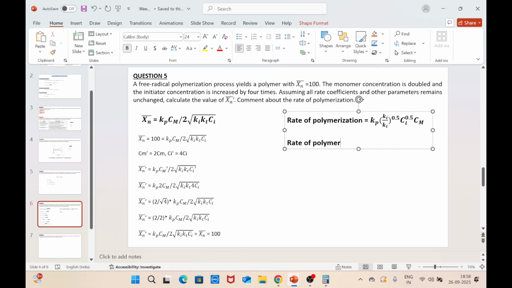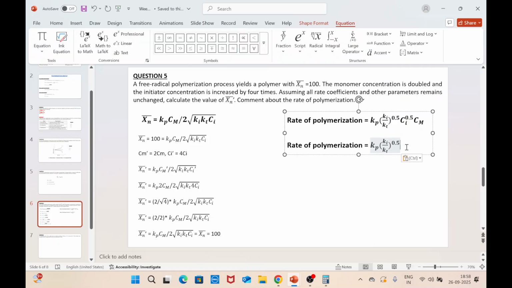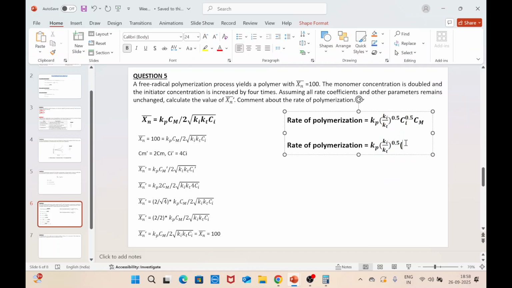So the rate of polymerization is going to be, all the other parameters are going to remain the same, but your concentration Ci dash is going to be nothing but 4 times Ci. So let us keep this as the older one, and let us keep this as the new one.